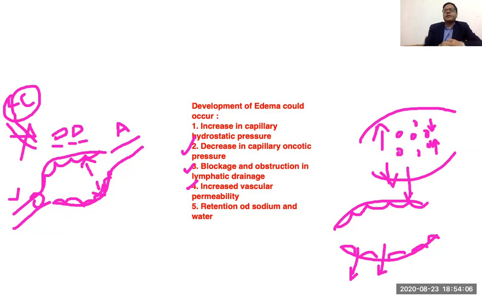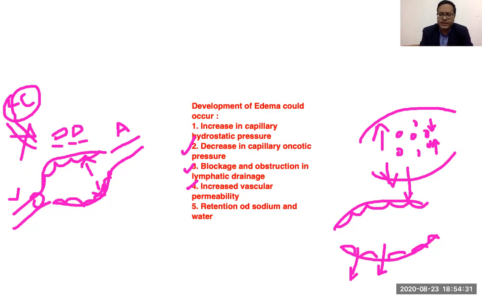You can imagine that if I keep this door wide open, anything can come out. But if you keep the door only a little bit open, then due to the interplay between the capillary hydrostatic pressure and the oncotic pressure, the fluid is moving out. Obviously, not much can come out with the fluid because there is not much space.